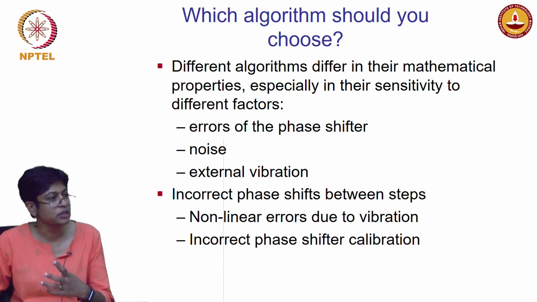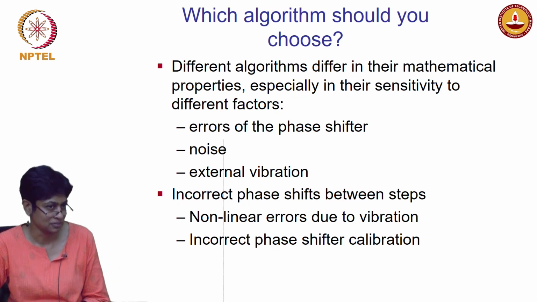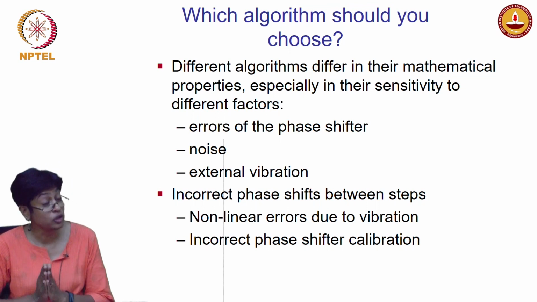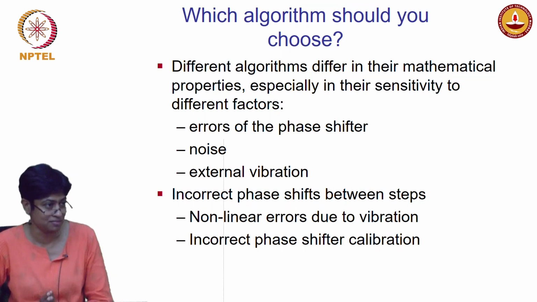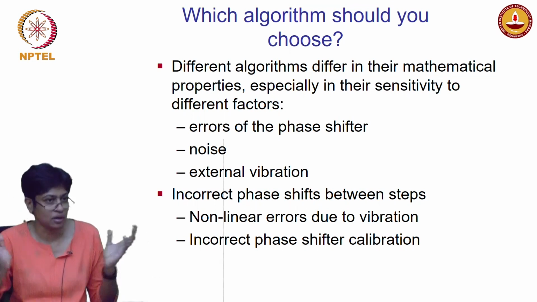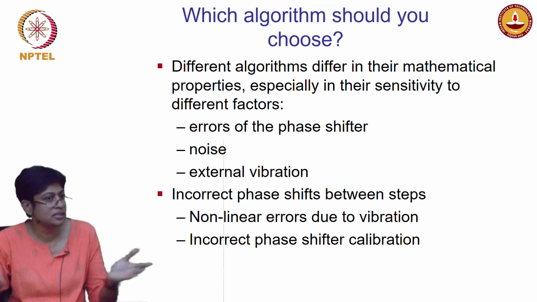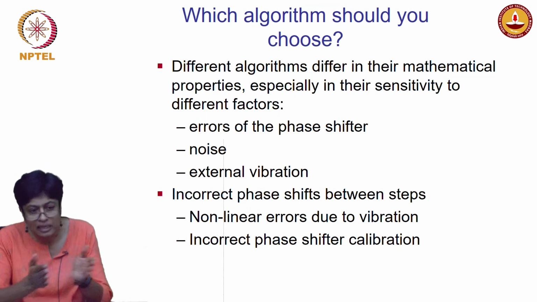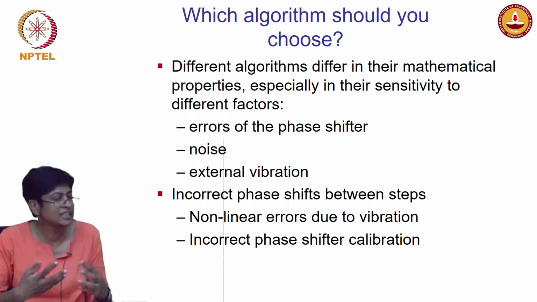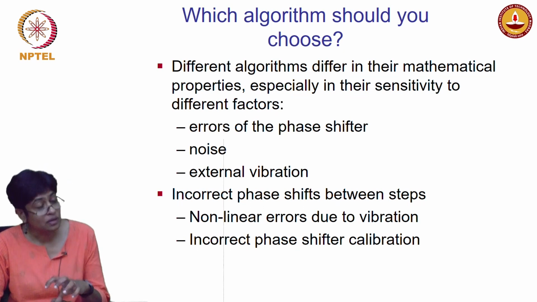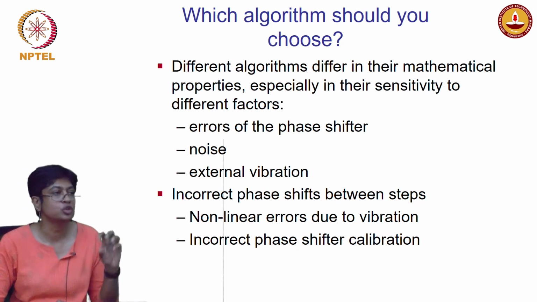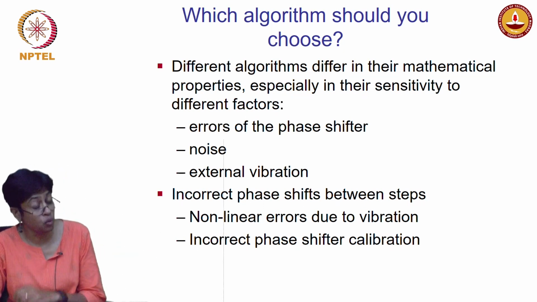That error is going to cascade into all your readings. In some cases, if you have a known fixed error, even an unknown fixed error, maybe it will subtract out. But it may be that the error has a range. Typically, the error will be anywhere between this and this value. So, every time you are introducing a slightly different error, you can't subtract it out. So, these algorithms will be more sensitive to some errors than other errors.